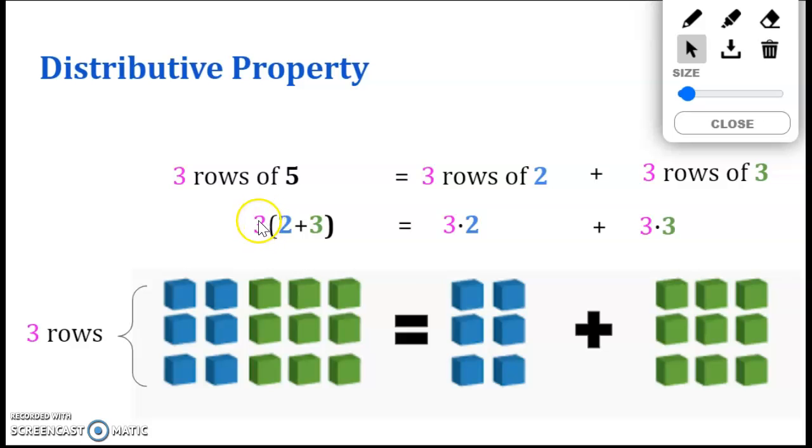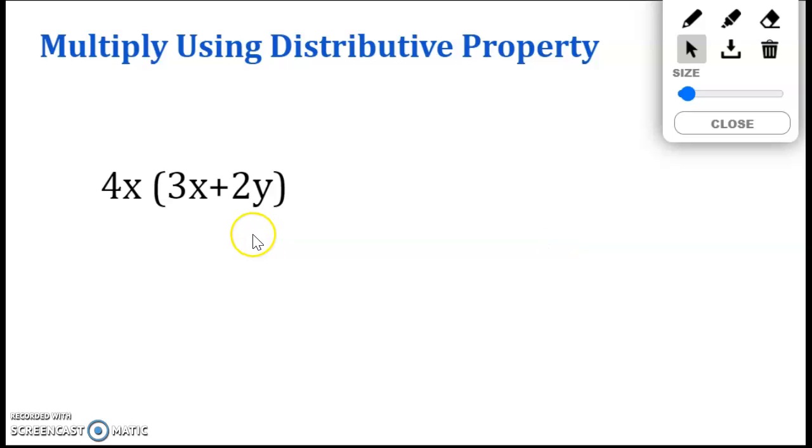This is almost as if this 3 is being multiplied to 2 first, and then to that you're adding 3 times 3 here. But in this case, 3x plus 2y inside the parentheses cannot be simplified any further, can they? Because they're not like terms. But what you can do is you can multiply 4x.